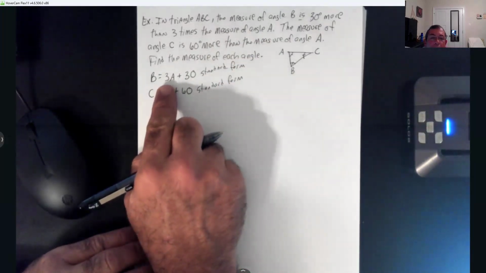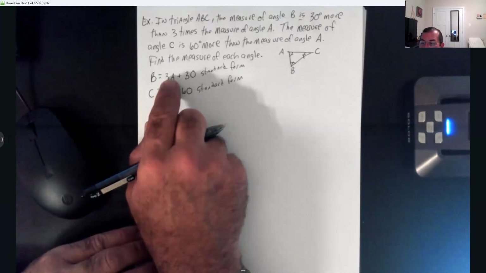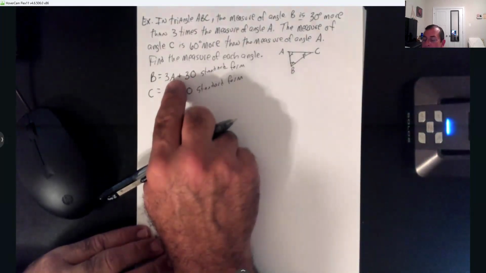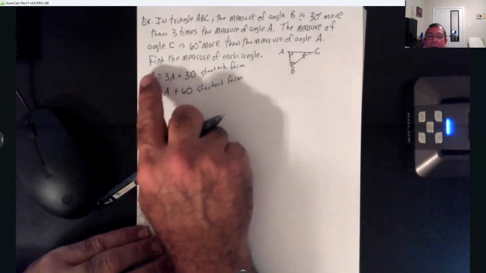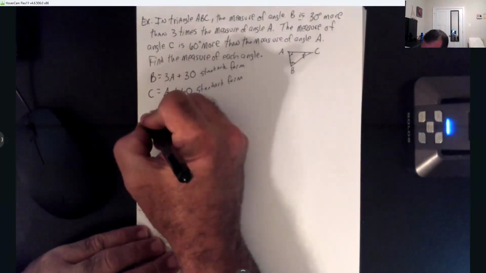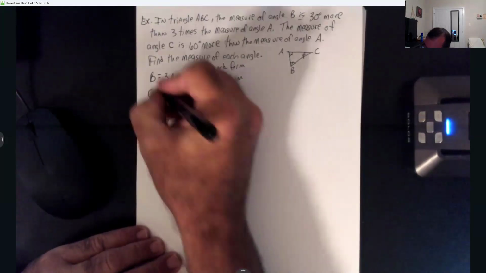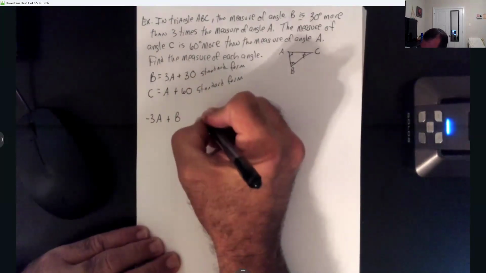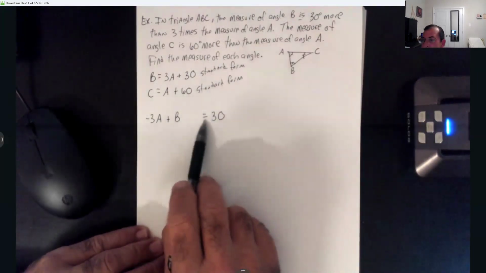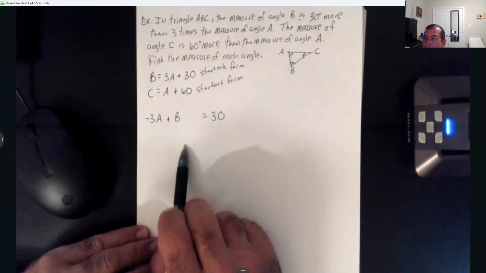So let me play with the first one. If I'm going to put this first one in standard form, that 3A has to be on the other side. Okay? So if you move the 3A to the other side, you're going to make it negative. So the first one will give you negative 3A plus my B is going to equal 30. Now you see I left a little space here because I need a space for my C column, right?